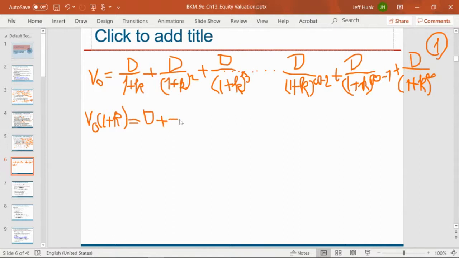The next one will lose one exponent, right? This will become 1 plus k. Okay, you get the idea? And this term will become d over (1 plus k) squared.